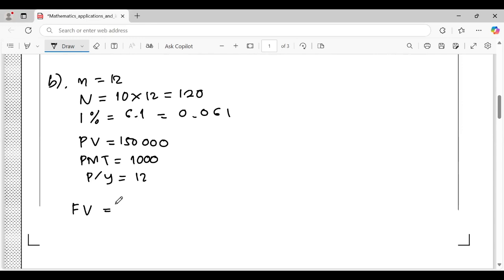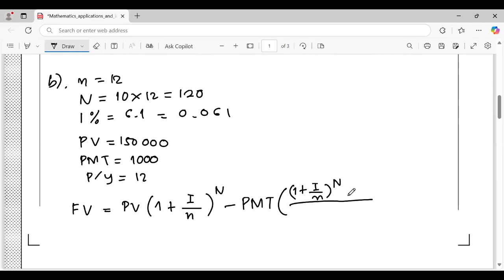I would like to use this formula that FV equals PV times (1 plus I over n) power N, sorry, this is 12, n is 12, and uppercase N is 120, a different N, minus PMT times ((1 plus I over n) power N minus 1) over (I over n).